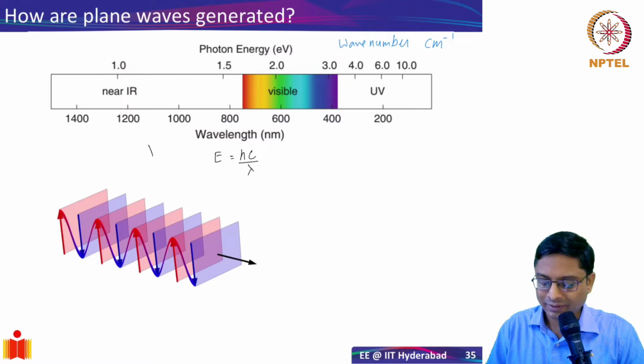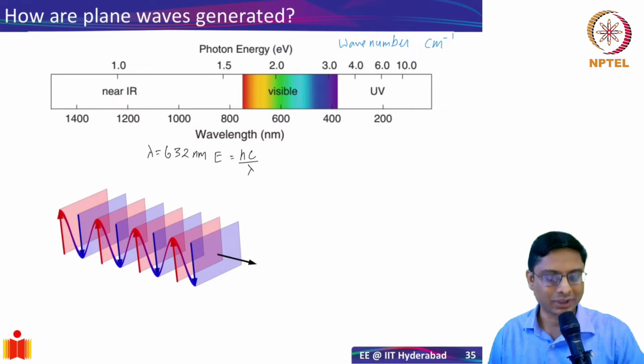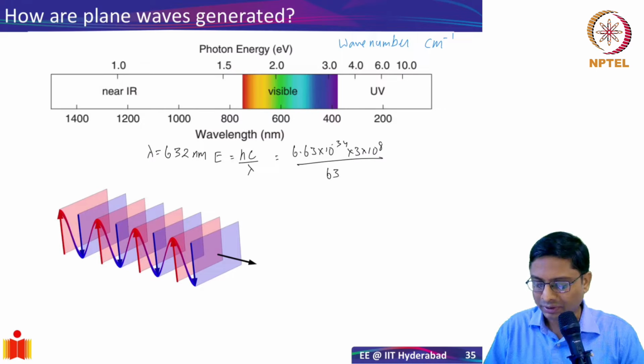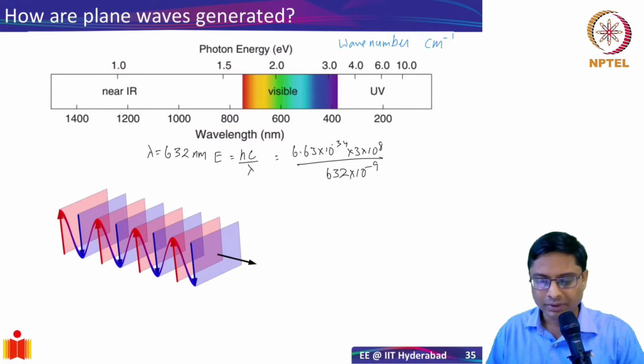I'll consider a wavelength lambda equal to 632 nanometers, and I want to find out the energy associated with this. I'll simply write out Planck's constant, 6.63 into 10 power minus 34, and 3 into 10 power 8, divided by 632 nanometers. If you calculate this, roughly it will be of the order of 10 power minus 19 joules.